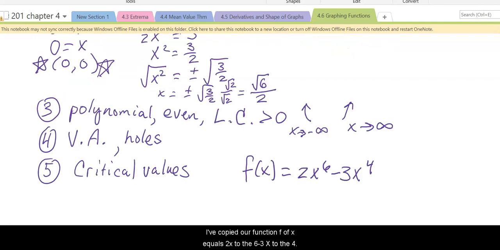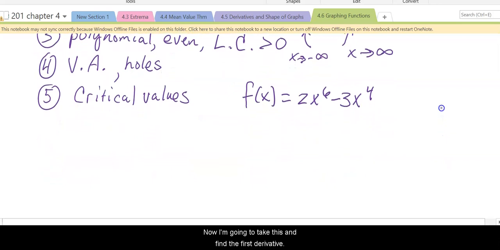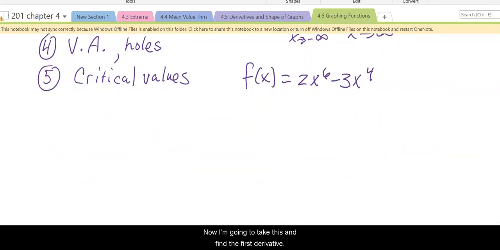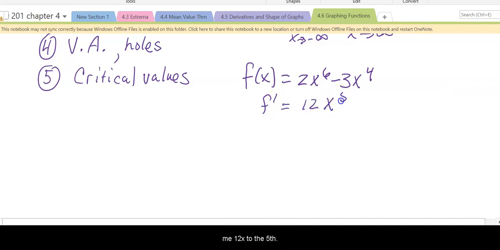I've copied our function, f of x equals 2x to the 6th minus 3x to the 4th. Now I'm going to take this and find the first derivative. The first derivative, by applying the power rule, gives me 12x to the 5th minus 12x to the 3rd. In order to know where the critical values are, we look at two pieces.